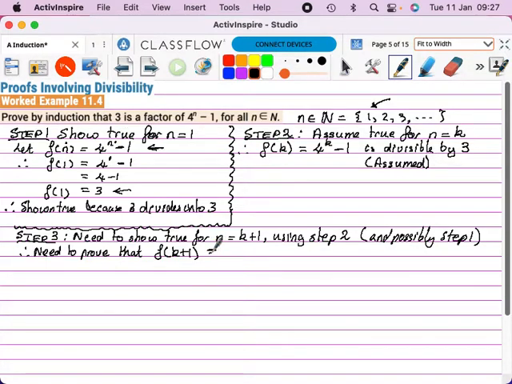So we need to show that 4 to the power of k plus 1 minus 1 is also divisible by 3 using step 2.